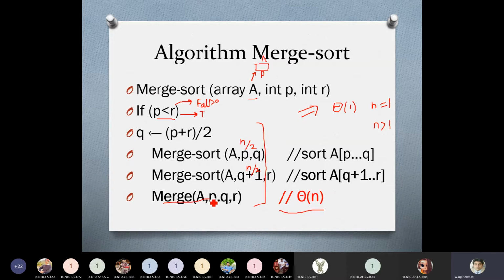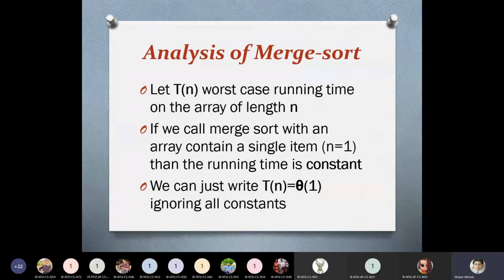This process will keep on going until we reach the base case, and then this activity will stop and the merge activity will be performed for all the function calls which are put in the system stack. You can find this discussion in this slide as well.